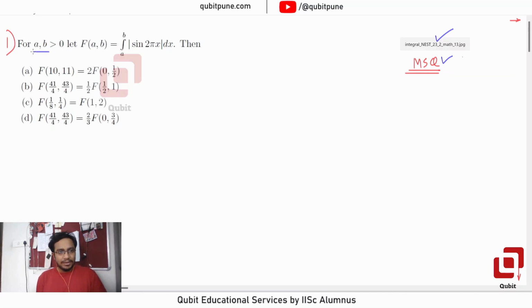For a, b greater than 0, let f(a, b) be the integral from a to b of mod of sine 2πx with respect to x.